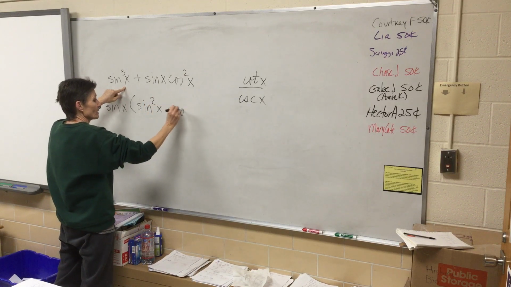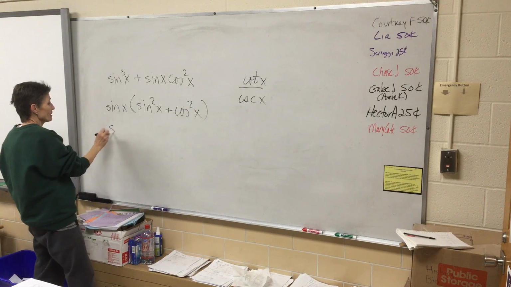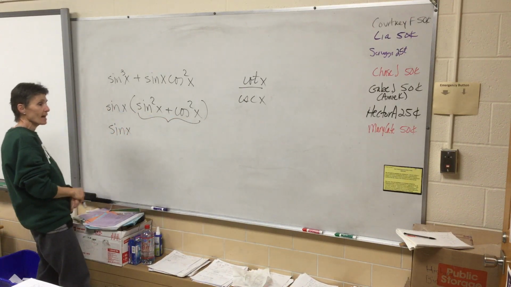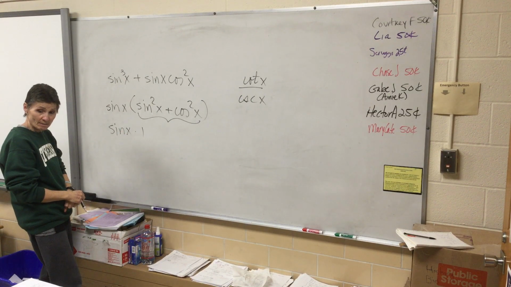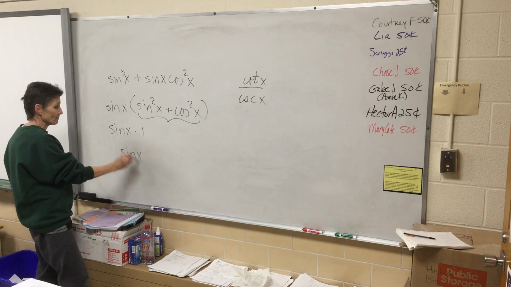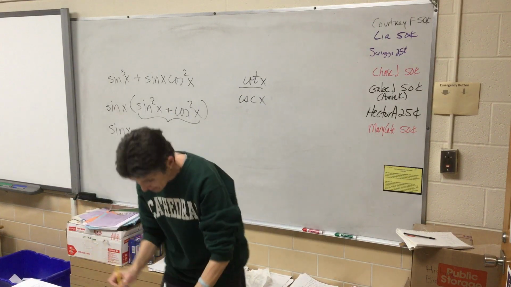Cosine squared, so it's going to equal sine times 1. Exactly. I've still got my sine, but we have memorized that sine squared plus cosine squared is just 1, and that's a multiplication, so we end up with just sine. Sine times 1, which is just sine. Very, very good.